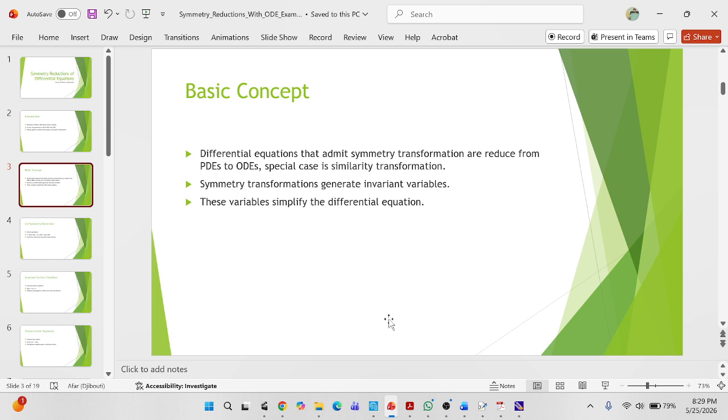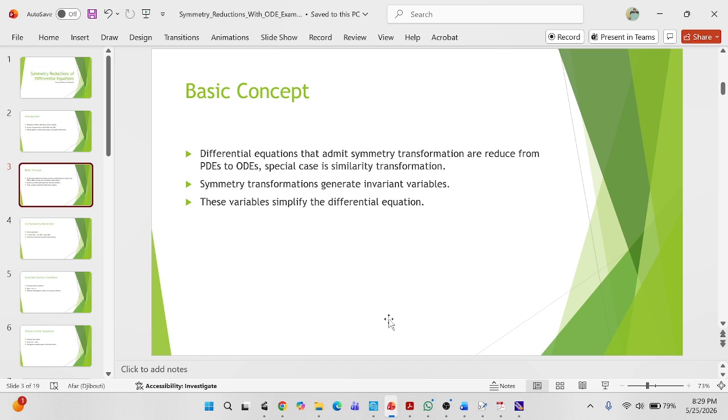Differential equations that admit symmetry transformations can be reduced from PDEs to ODEs. Those differential equations which admit Lie symmetries can be reduced from PDEs to ODEs.